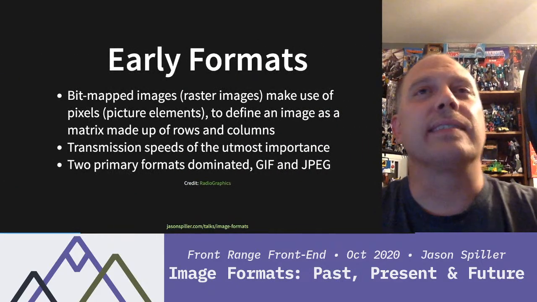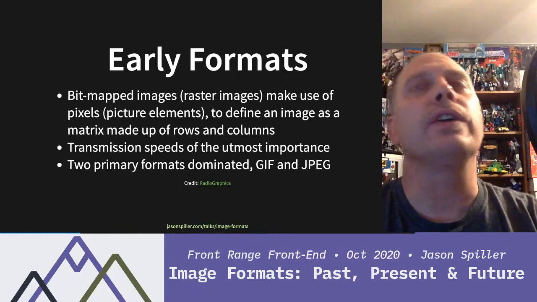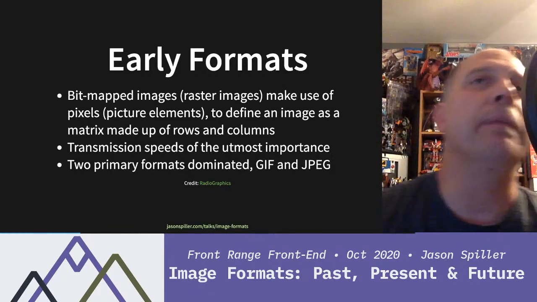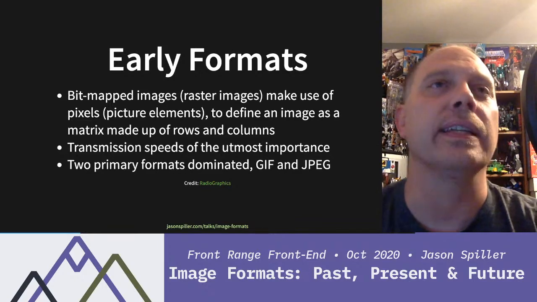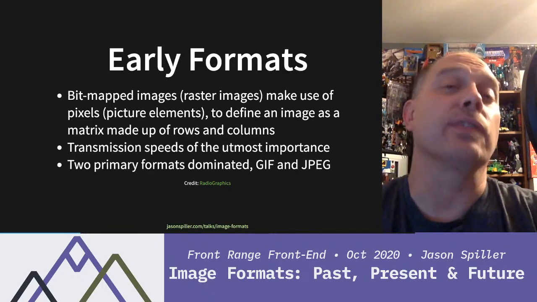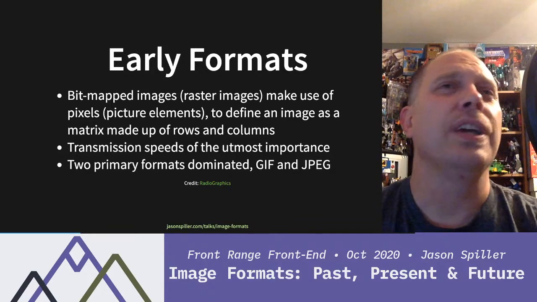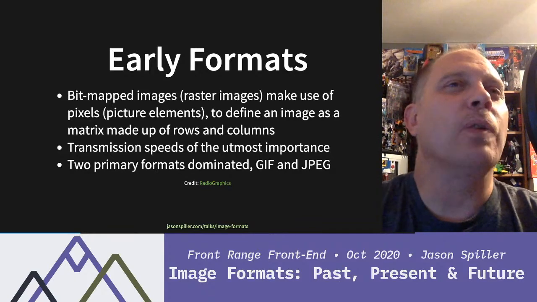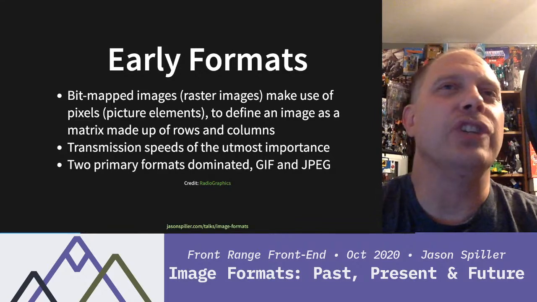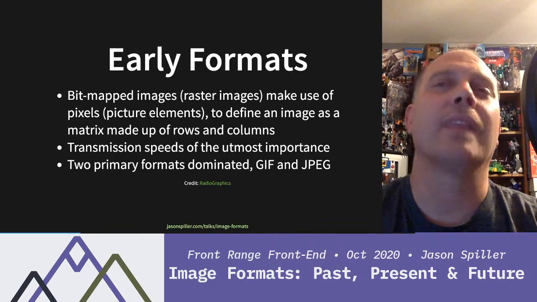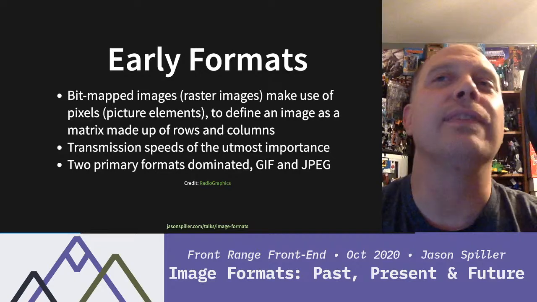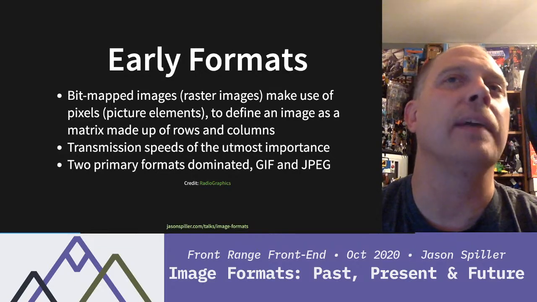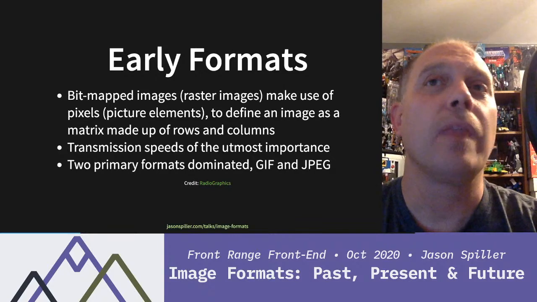Early formats. So all of the early formats on the web were bitmapped images or raster images, and these basically make use of pixels, which we've all heard of, which I didn't know was a conglomeration of picture elements. That was kind of interesting to find in my research for this. But they define an image as a matrix made up of rows and columns.